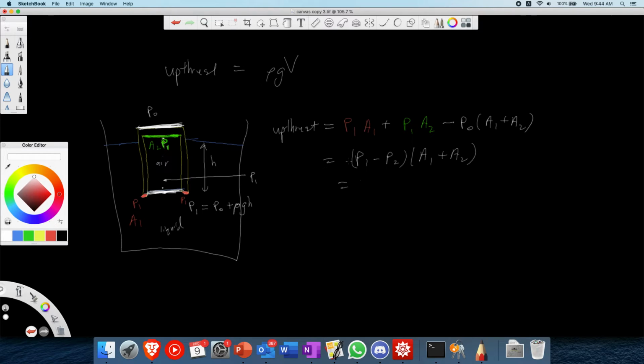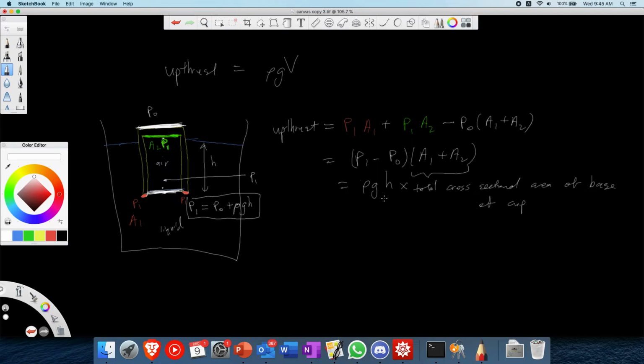And this is just equal to, so A is essentially the total cross-sectional area of the base of the cup, and P1 minus P0, based on this equation, is equal to rho gh.